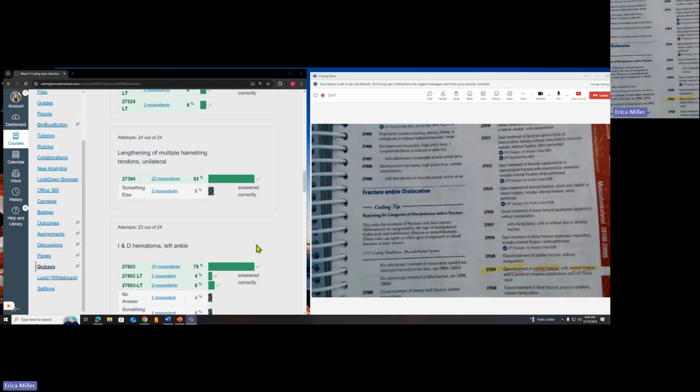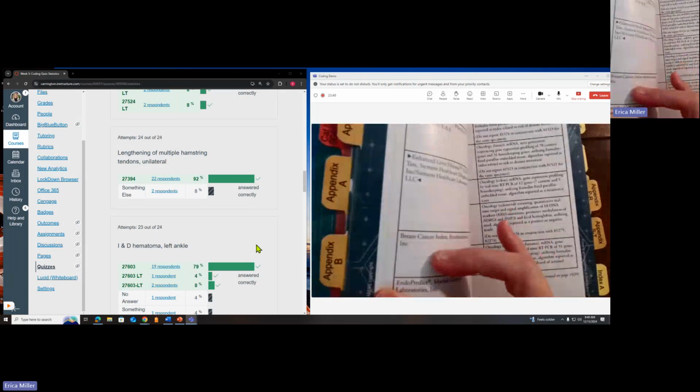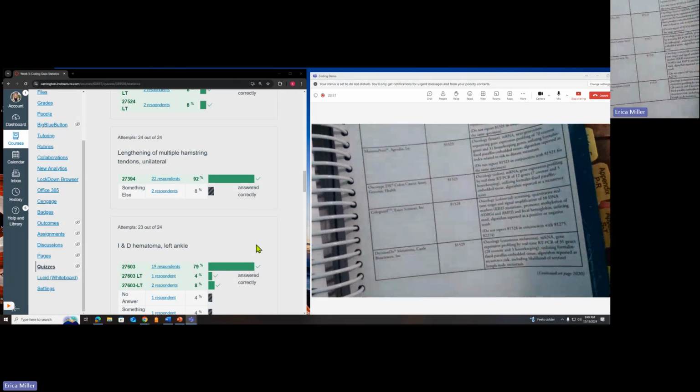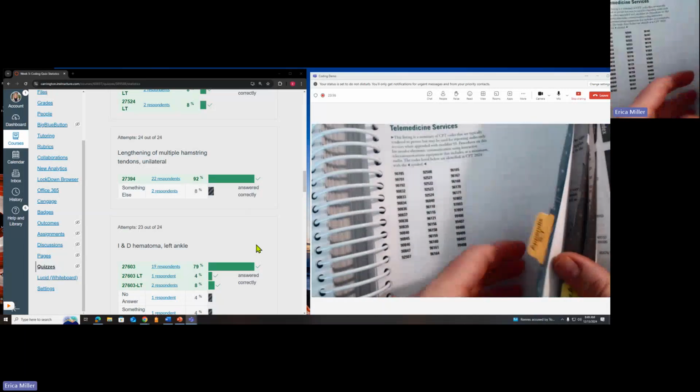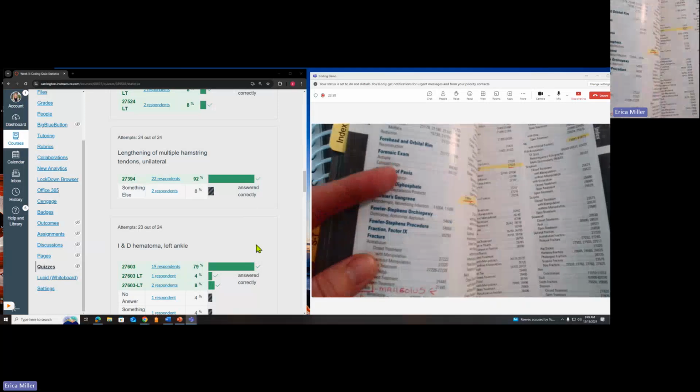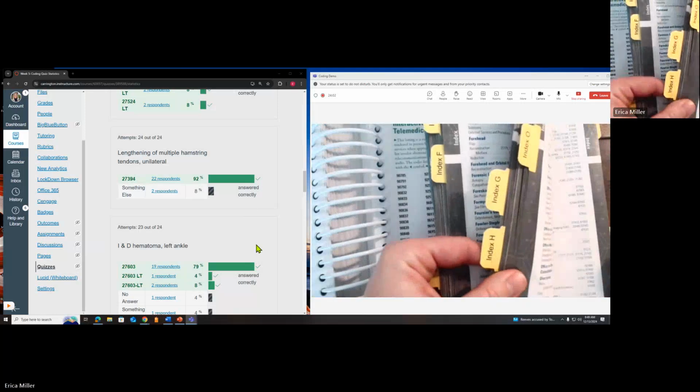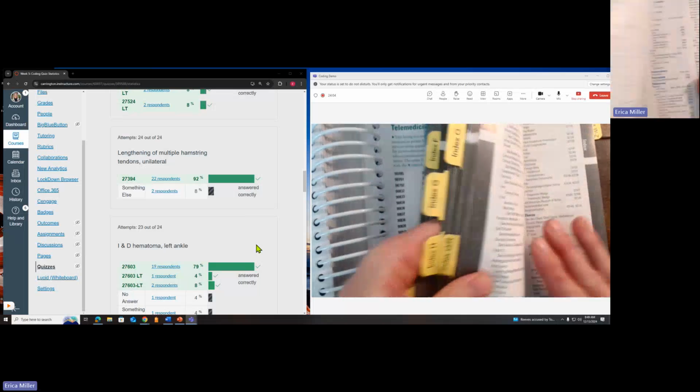All right. So now I'm going to go over into my index, and I'm going to start with tendon. And I'm going to try this. This is a very specific type of procedure. So I'm going to look for tendon lengthening is where I'm going to start at. Get over to my T's here.